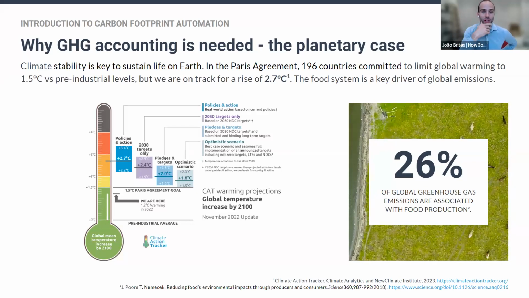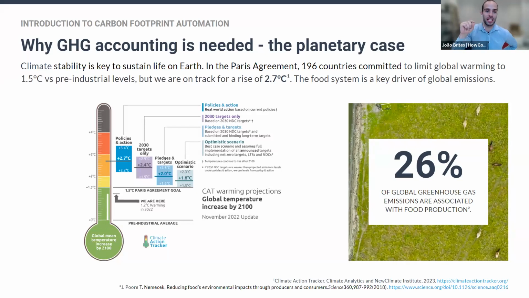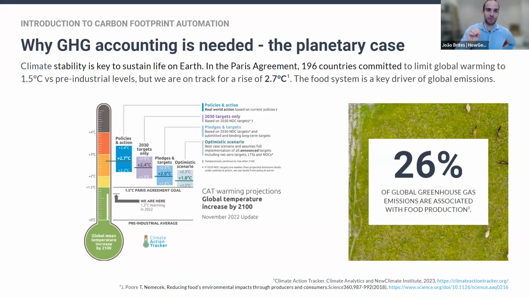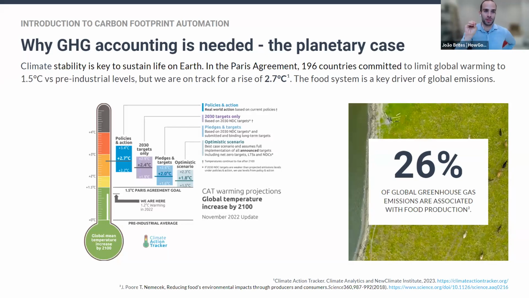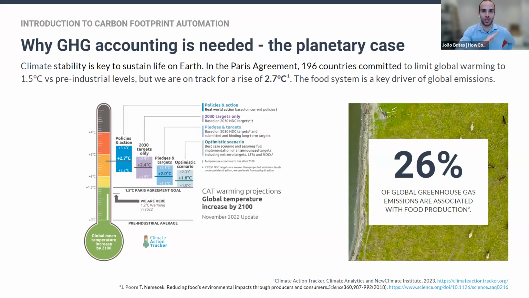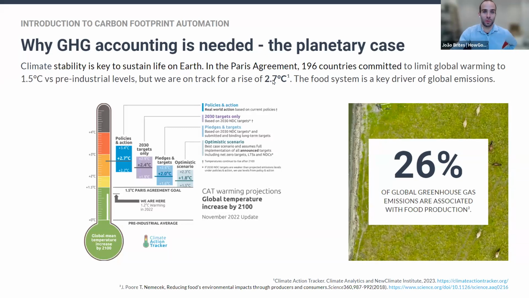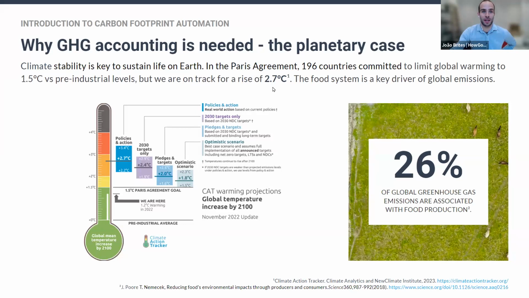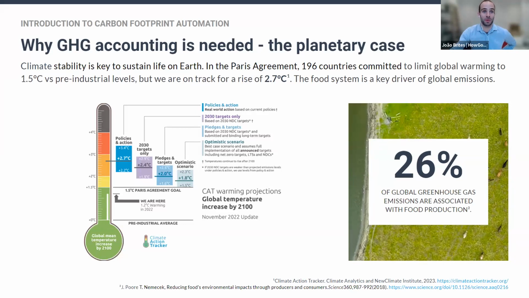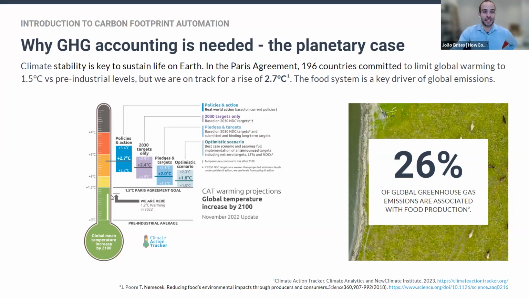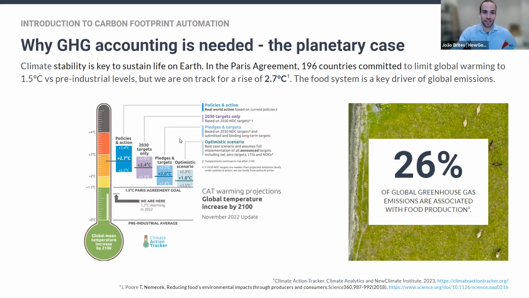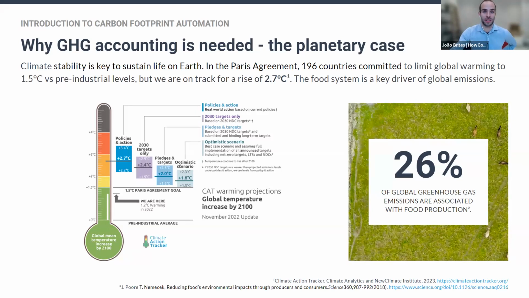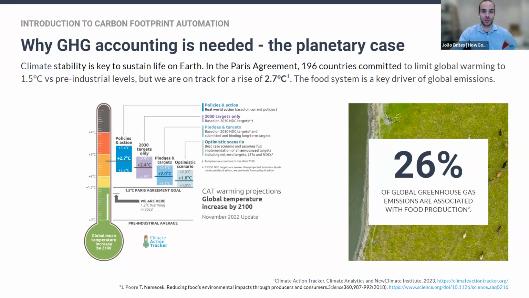There is a tool called the Climate Action Tracker, where you can see where the current commitments will take us in terms of global warming. If we don't do anything else, the world will warm up 2.7 degrees by 2100, so we're definitely off track on our work to reduce global warming.